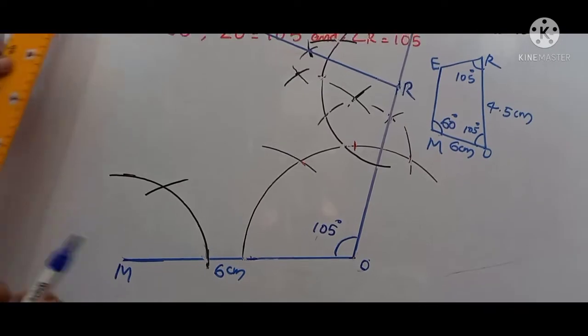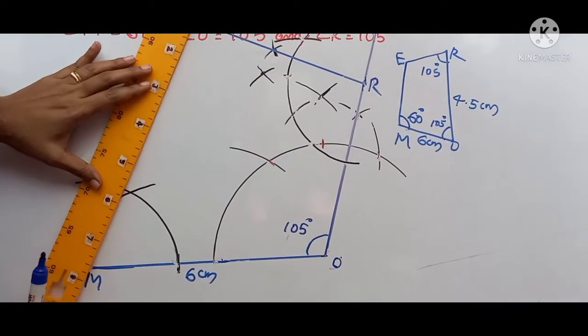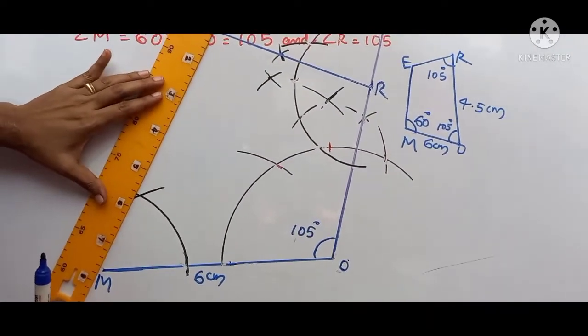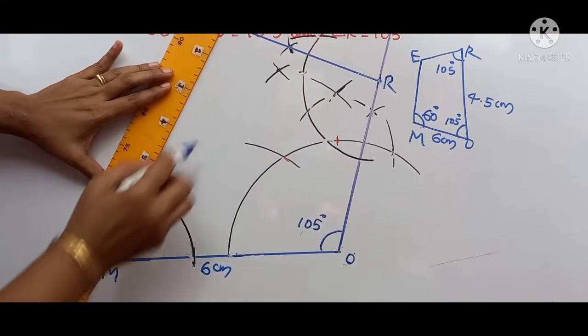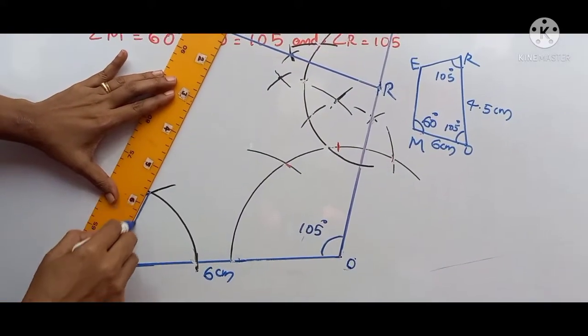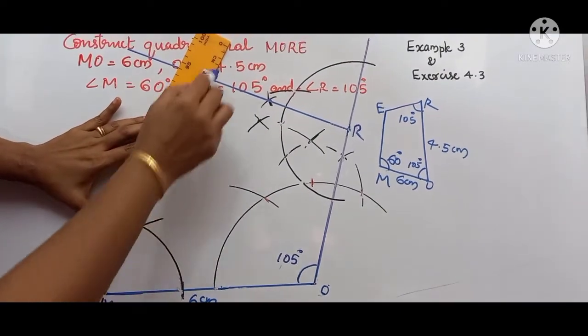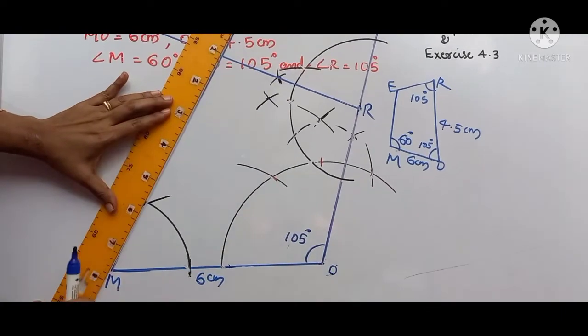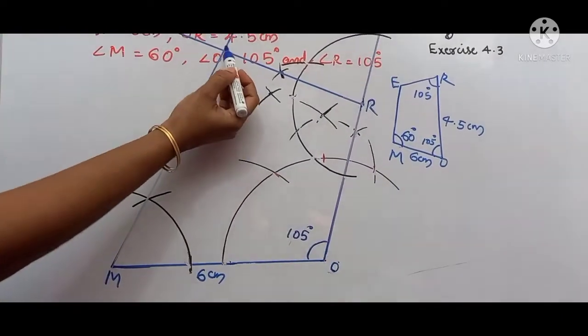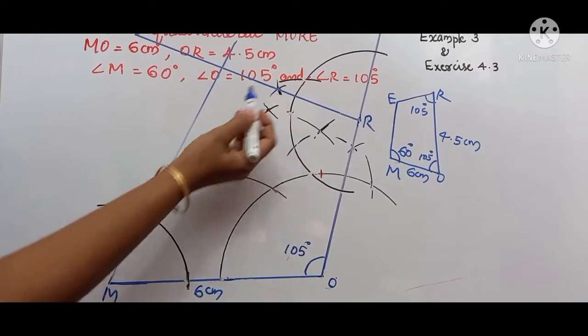Just join this point with M. And while we are drawing these lines, don't draw like this. It should extend up to here. Now you can see it is intersecting this line and this line.